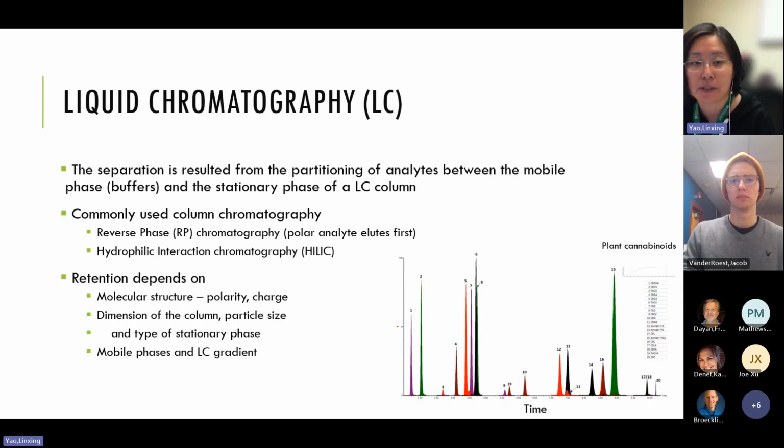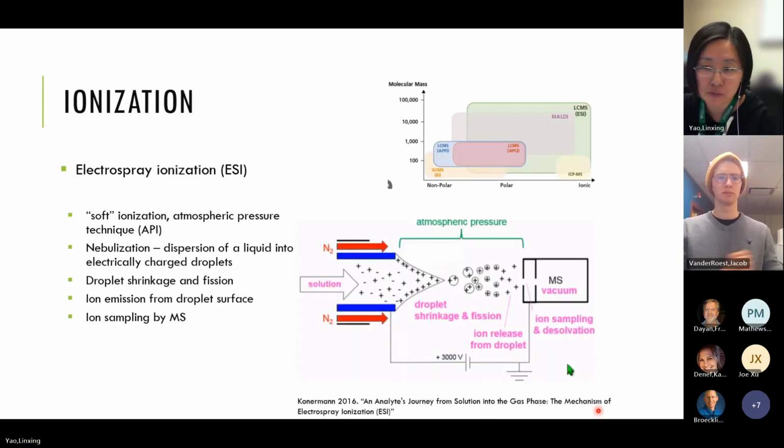HILIC is the opposite, so these two column chromatography types are complementary to each other. The output of LC separation is reflected as analyte peaks that appear at different retention times, which are determined by their molecular structure, dimension of the column, type of the chromatography, as well as mobile phase and gradient program.